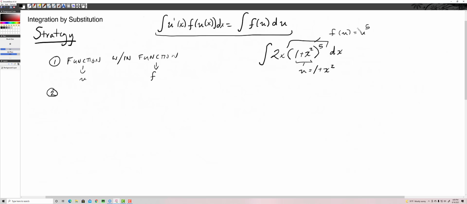Take a second and make sure you understand what I'm saying here. If you can imagine plugging in u, which is defined as 1 plus x squared, into this, you would get 1 plus x squared quantity to the fifth, which is what we're talking about here. So this is f of u.